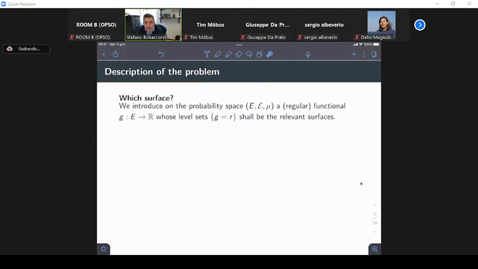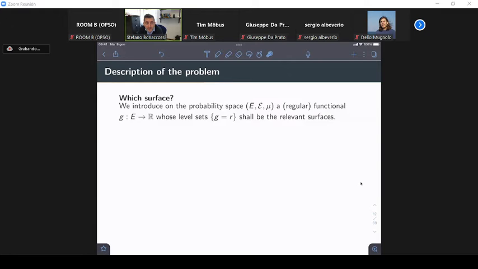Now, let me go to the setting of the problem. So on this space, we choose a regular function g, and we want to construct a surface measure on the surface defined by the level sets g equal r.